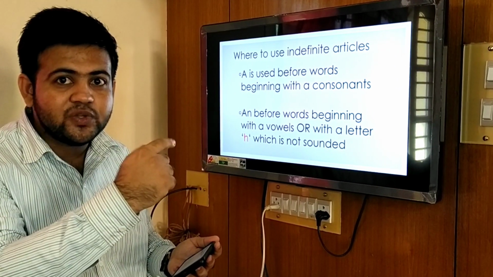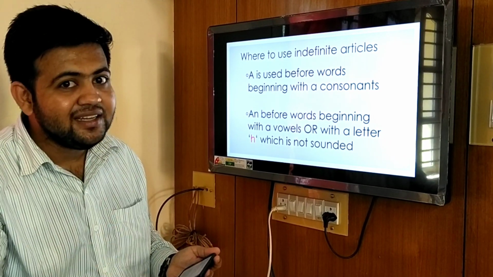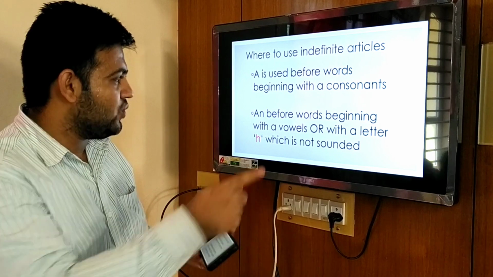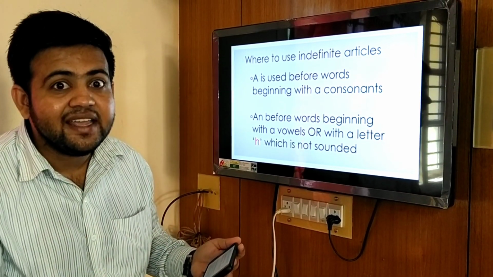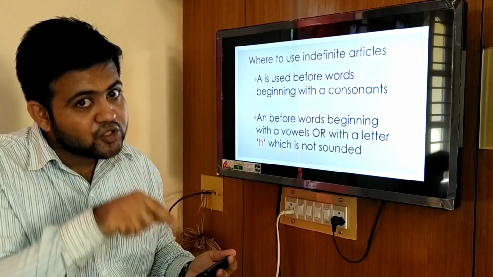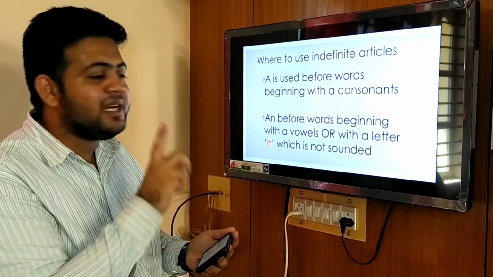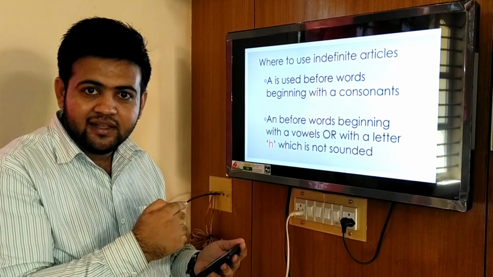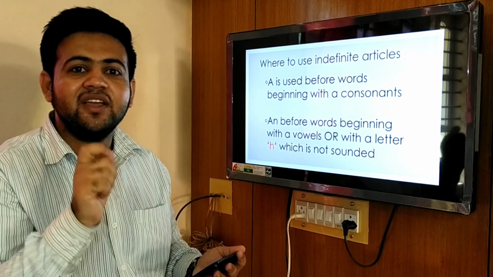Also, we will use AN with the letter H when it is not sounded. H is silent, and there also we will use the article AN. Is it clear where to use the indefinite articles A and AN? A with consonants and AN with vowels.